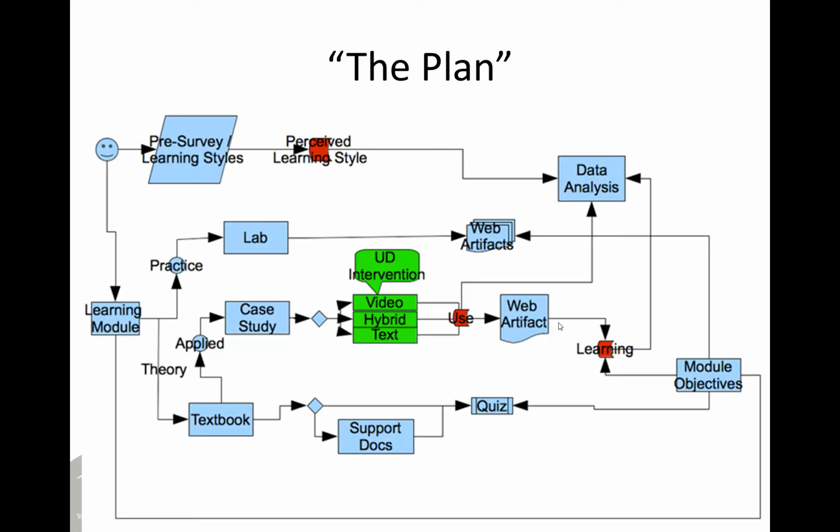And I was going to look at this as another one of my data points. So I had 3 data points: the learning style survey that they did, which of the materials they had used, and whether or not they had completed the web artifact that they were supposed to create doing the case study.